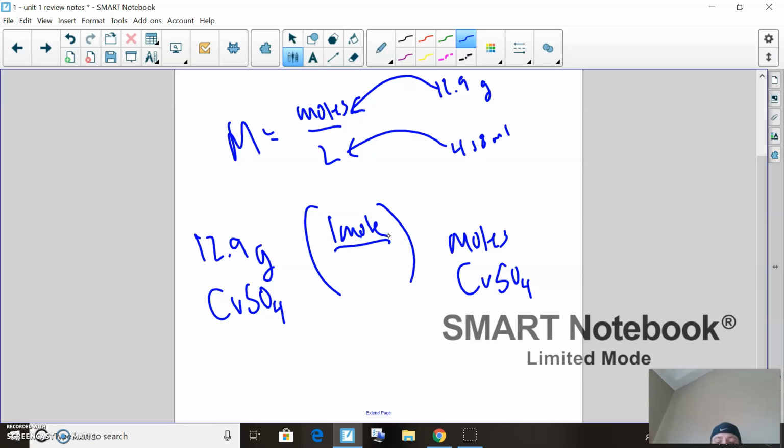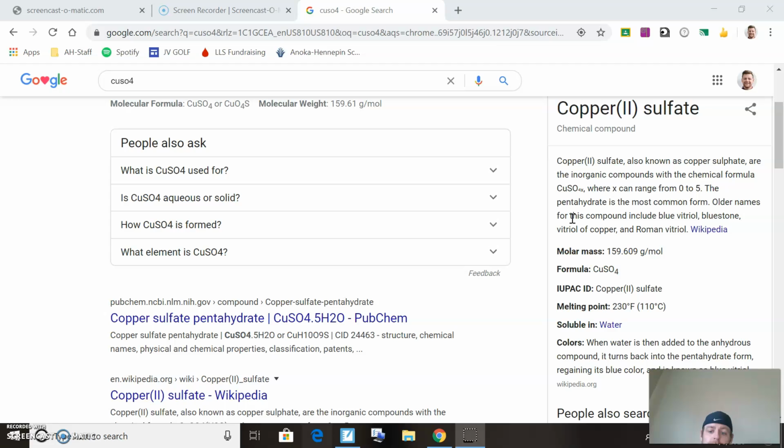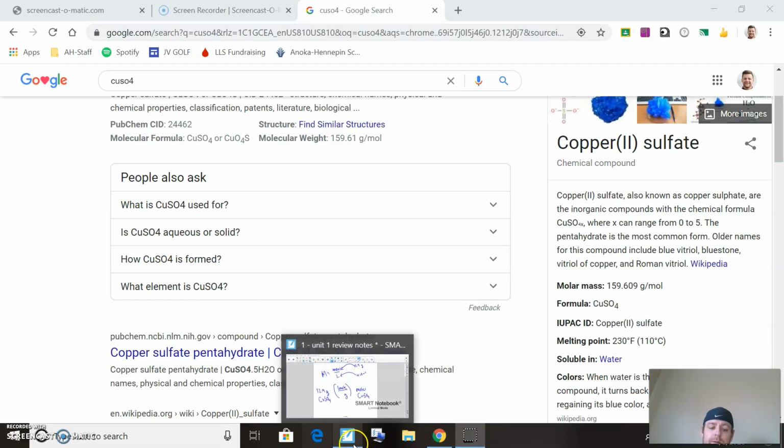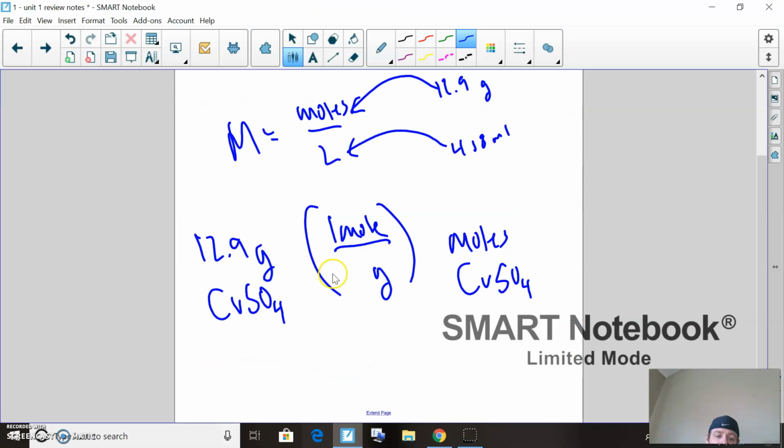It's just a molar mass conversion. 1 mole, and then how many grams? I'll look it up here. I usually just Google molar mass. 159.609, so 159.61 grams. Okay, and then whatever you get from this answer gets plugged in there.